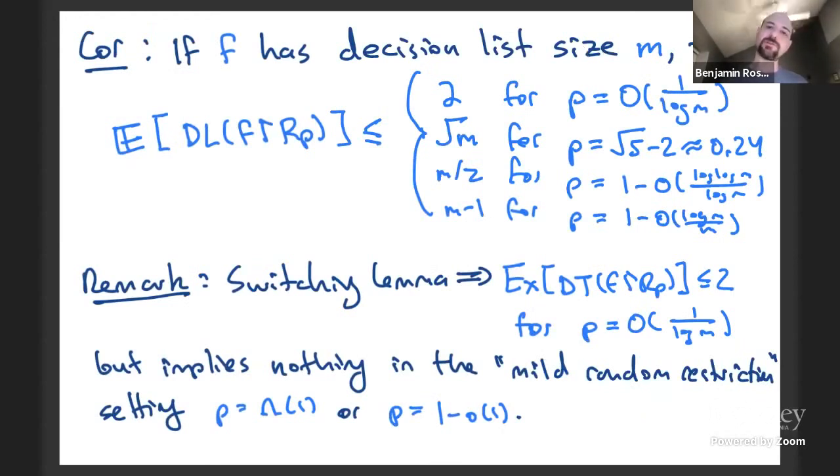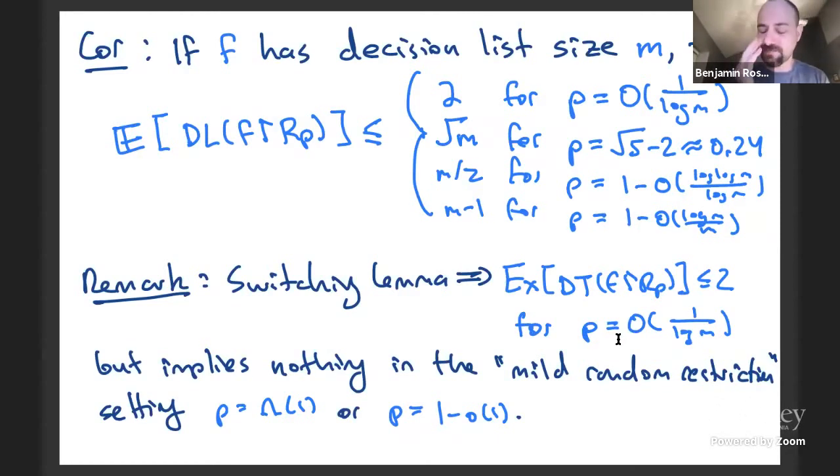If the original function f has decision list size m, this shows in particular that for p just a constant, we shrink to expected size something like the square root of m. In the setting where p is small, like 1 over log m, it was already known by the switching lemma that the expected decision list size is at most a constant.